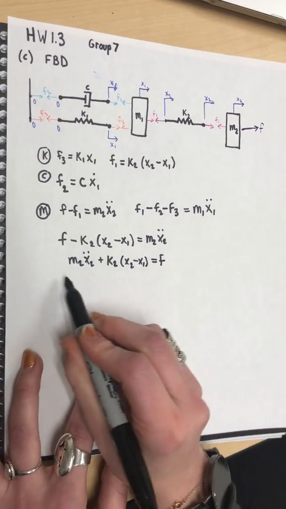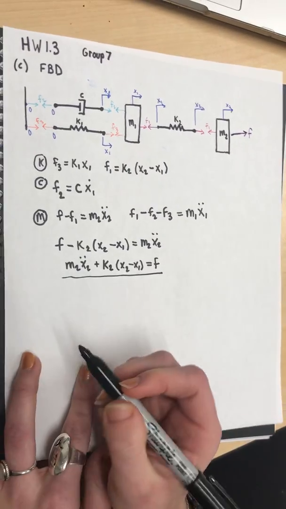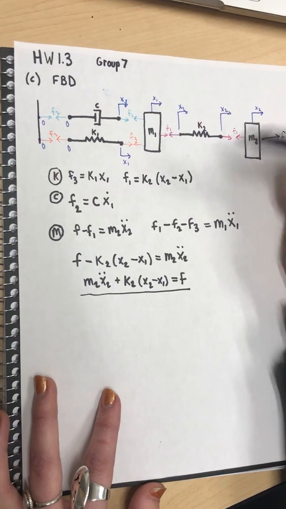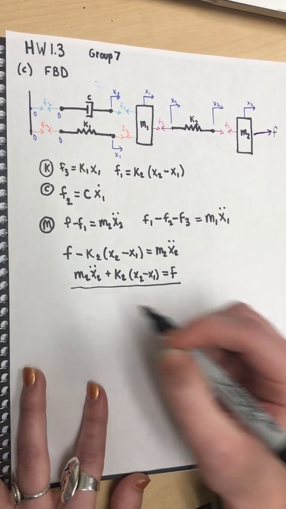So there we have one equation of motion. And then this other equation we'll plug in F1, F2, and F3, and then simplify it to get our second equation of motion.